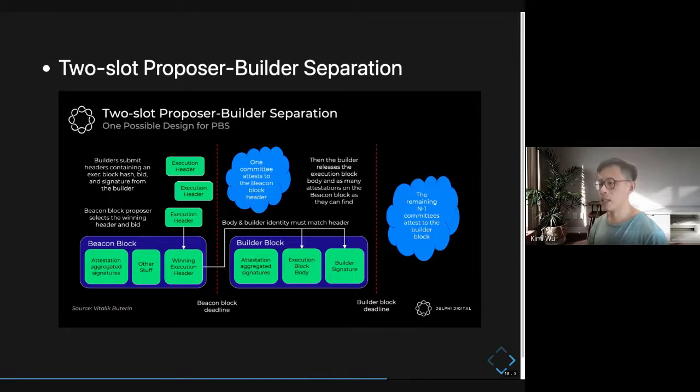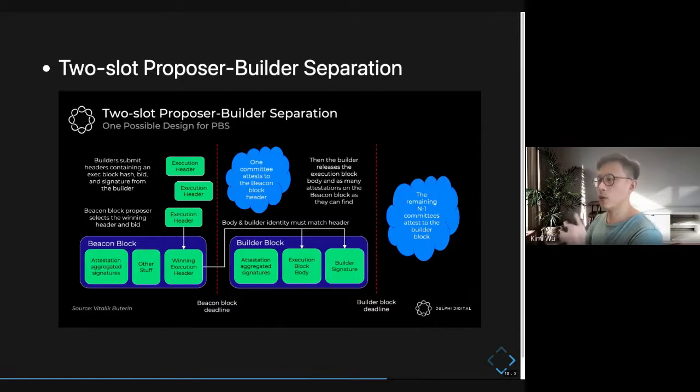So they proposed the 2-slot PBS. The idea is, after the builder creates the block, they only submit the header of the block to the proposer. Builder only submits the header to the proposer. Once the proposer accepts the builder, then the builder submits the block body, the content of transactions, to the whole network.